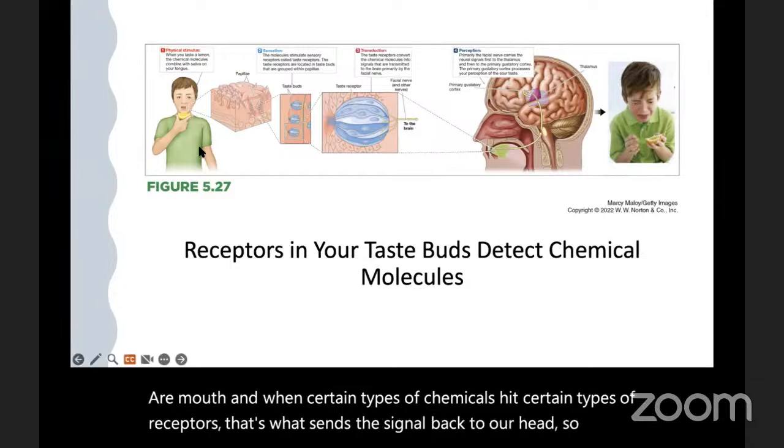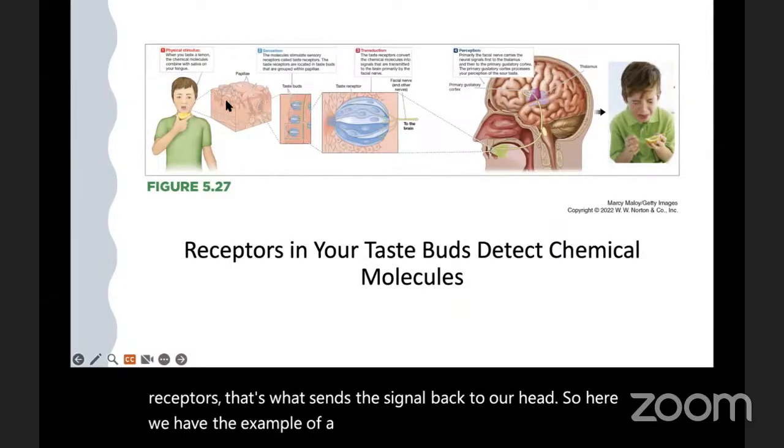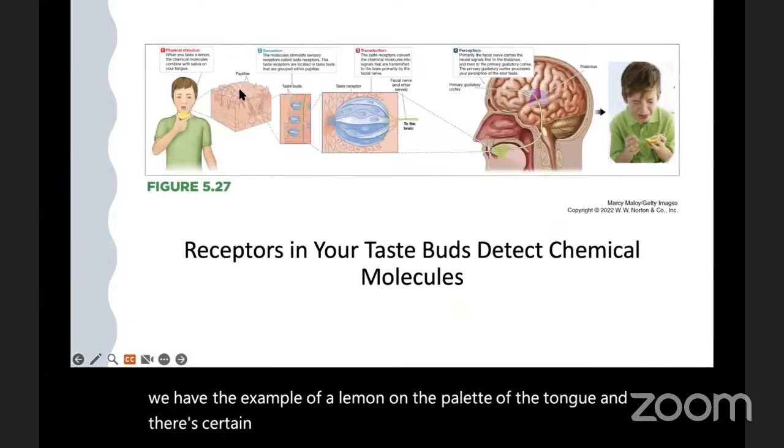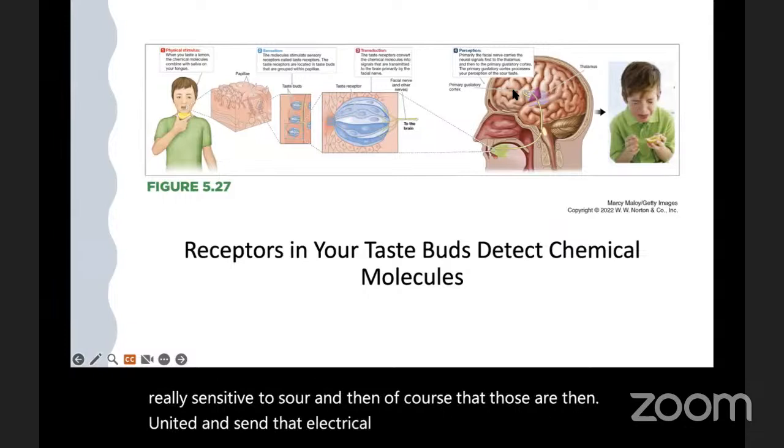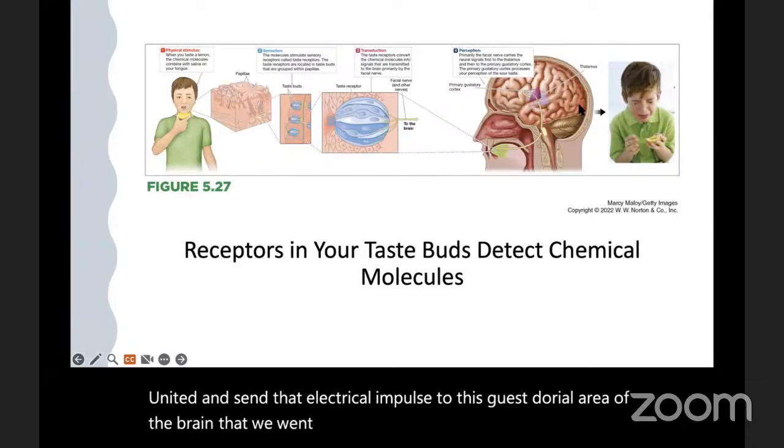So here we have the example of a lemon on the palate of the tongue, and there are certain sensory areas on the tongue that are really sensitive to sour. Those are then ignited and send an electrical impulse to the gustatory area of the brain that we went over on Monday. And that gives us our reaction of sourness.